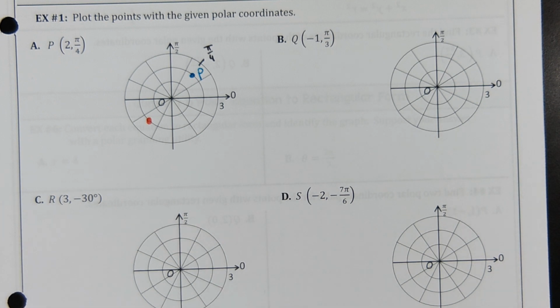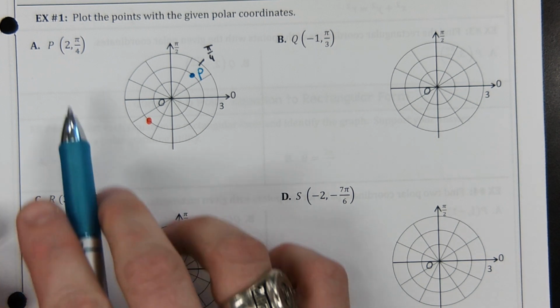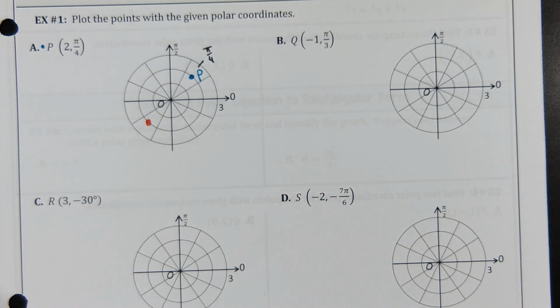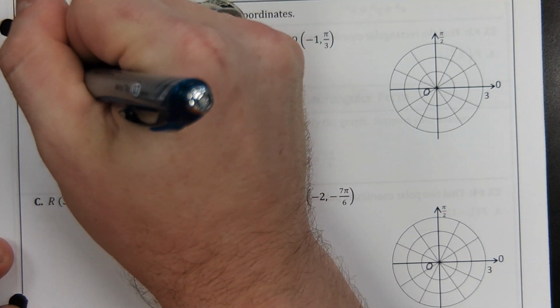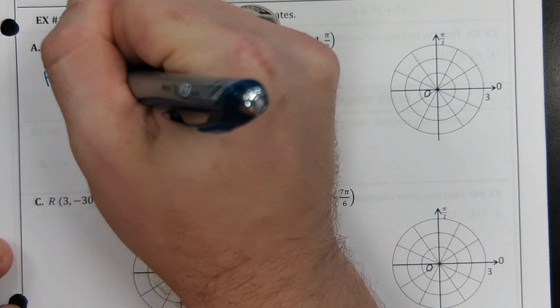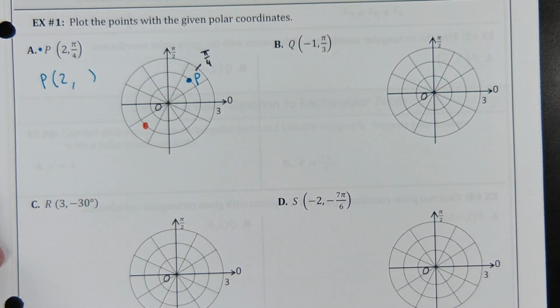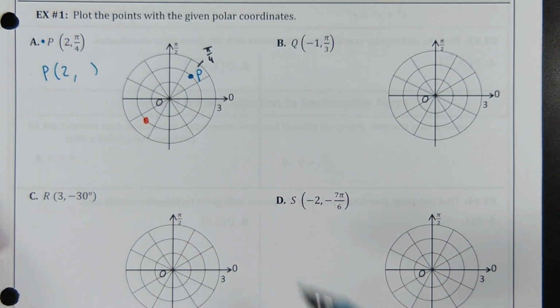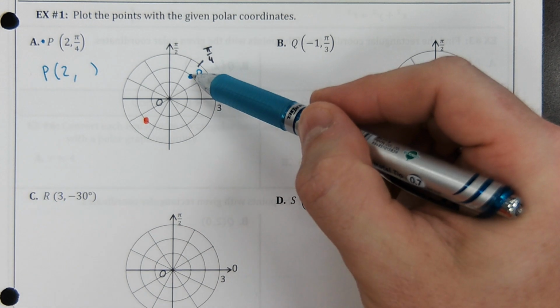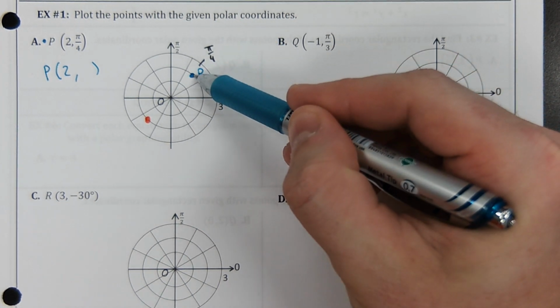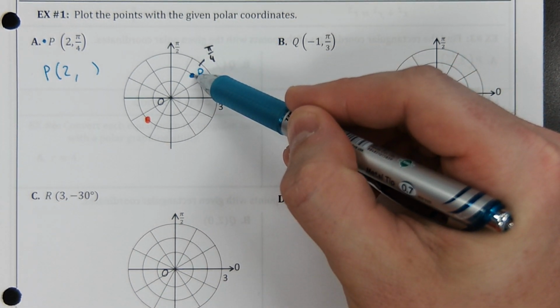I'll even write them in blue and red. This one's blue. Here's another blue one. Blue means, as far as what I'm writing, positive radius. So I want to land here. I'm referencing the blue dot because positive radius, but I want to use a negative angle.